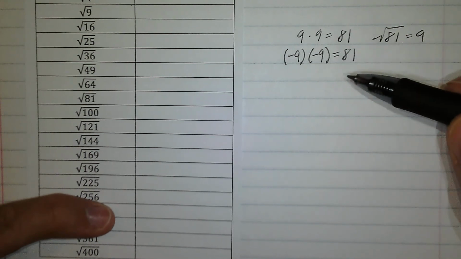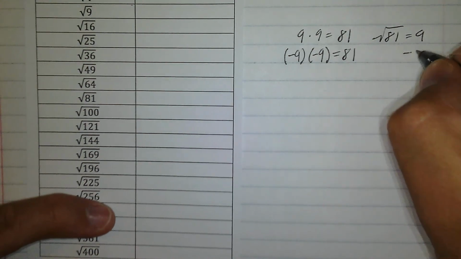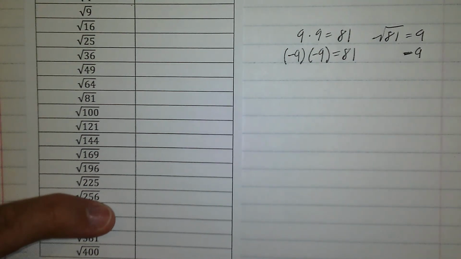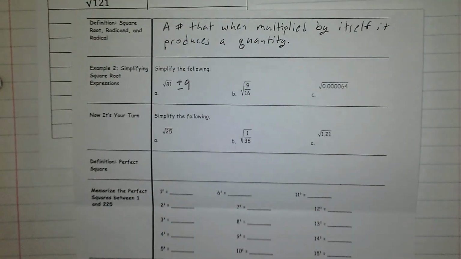So when you take the square root of a number, you don't just get the positive number. It's not just positive 9. It could be positive, or it could also be negative 9. So you would actually get either positive 9 or negative 9. It technically has two answers.